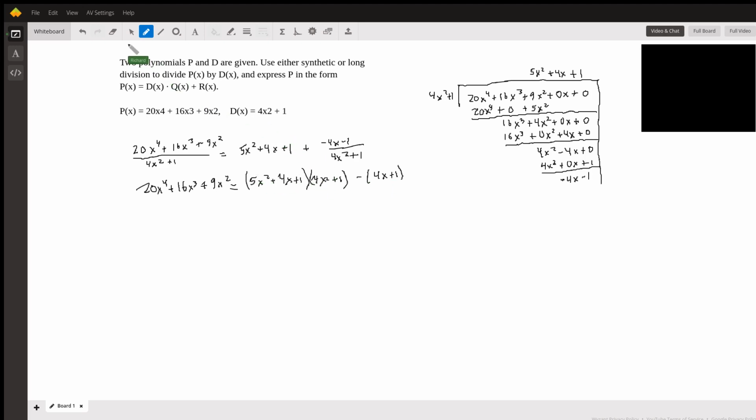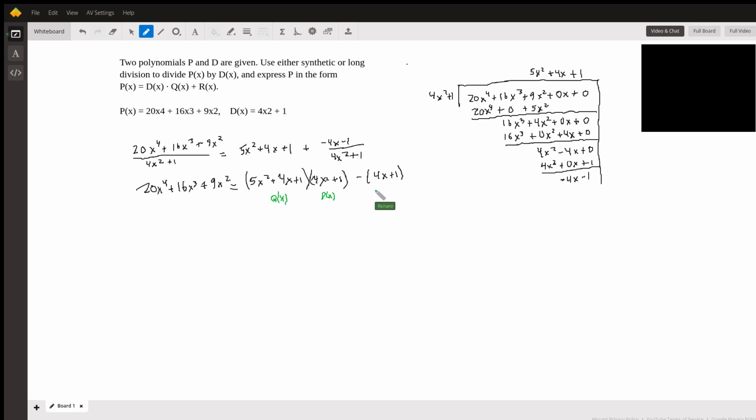Let me just use color, and I'll show you how it maps up with what we're being asked to find. This is our quotient, q of x. This is our denominator, d of x.